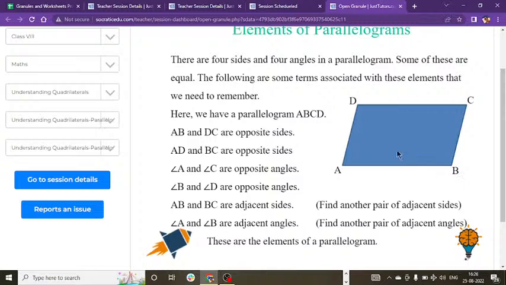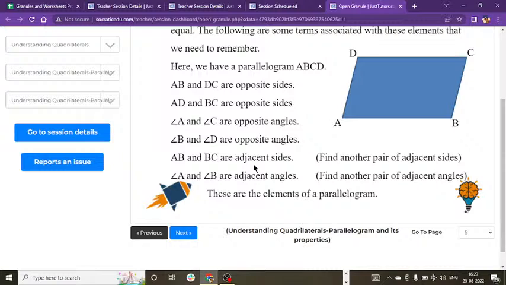So you can see two opposite sides here, AB and DC, both are opposite, and AD and BC are also opposite sides. Opposite means facing each other. Now, angle A and angle C are opposite angles. These two angles are opposite to each other, whereas angle D and angle B are two angles that are also opposite to each other.